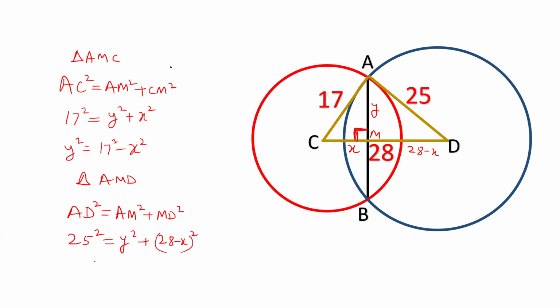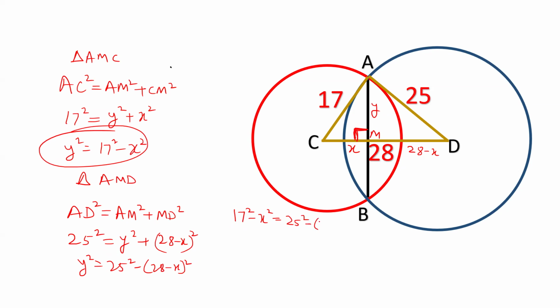So the value of y square is 25 square minus (28 minus x) whole square. Now this is also y square, so equate the two equations: 17 square minus x square equals 25 square minus (28 minus x) whole square.